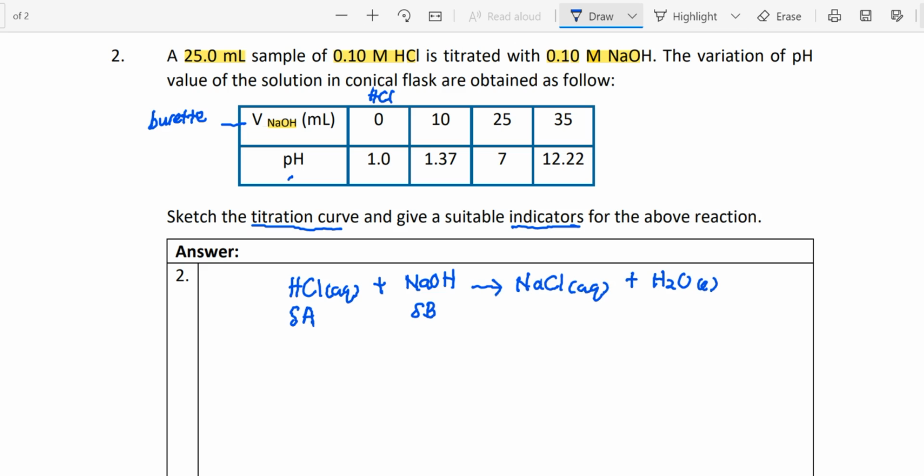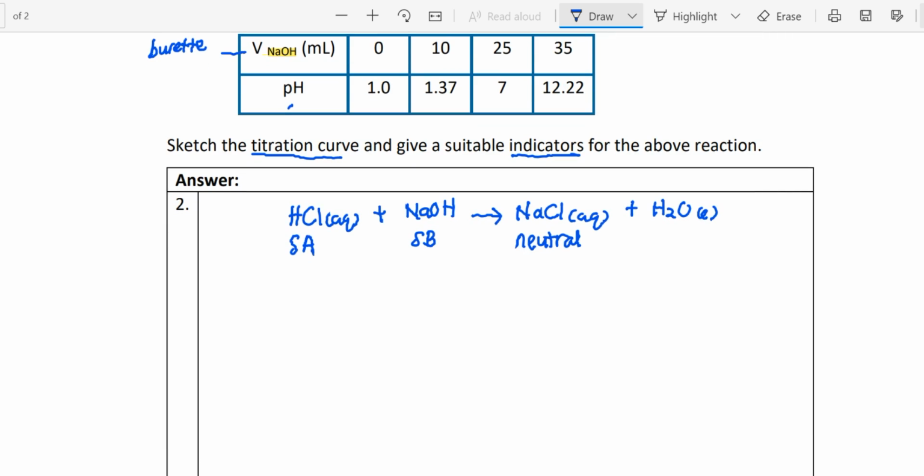Since the titration here involves a strong acid and a strong base, the salt formed is a neutral salt. Because of that, the pH range for strong acid and strong base is between 3 to 11.